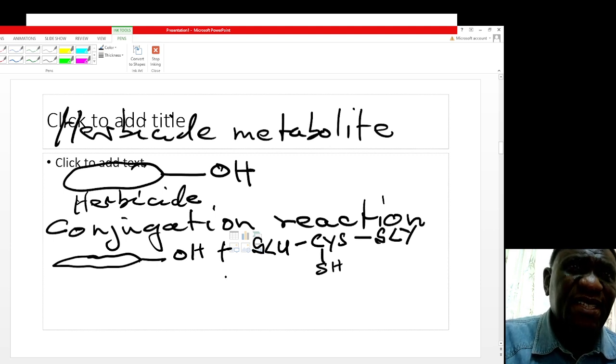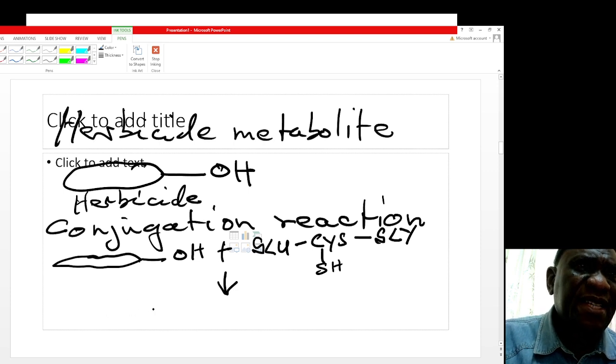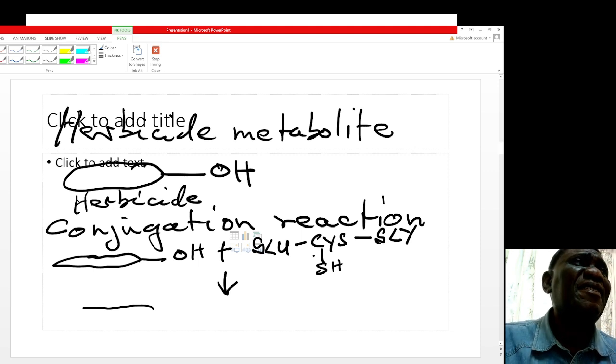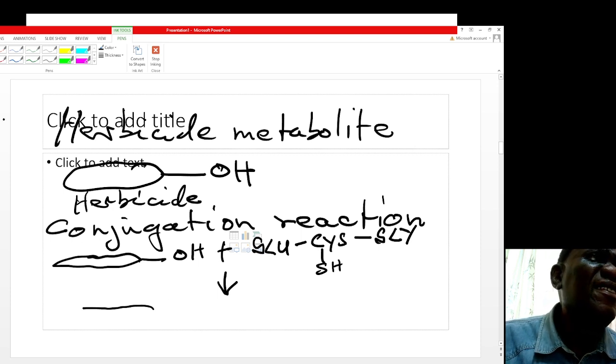The product, if we show with an arrow, will be like this. Okay, let me use an eraser.